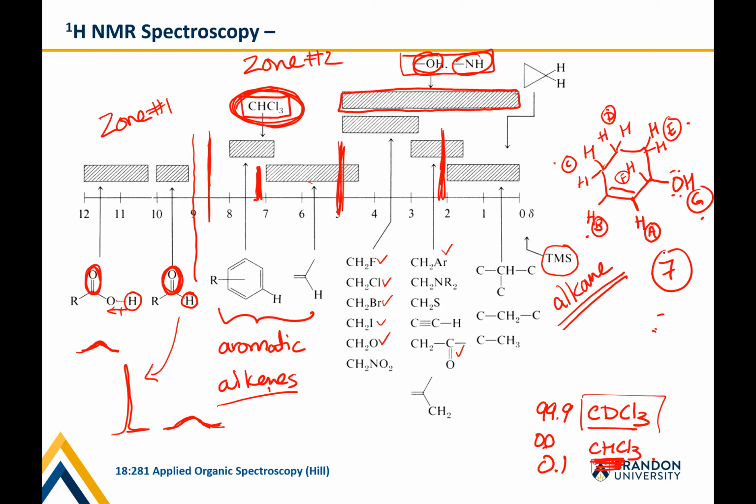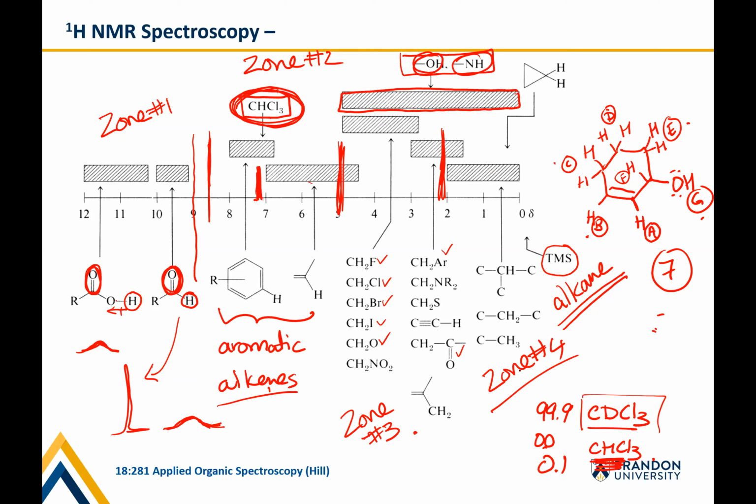Yeah, so conceivably we could have 7 different protons. The nice bit here is that of these 7, we could look specifically at ones in the different zones. We'll call this zone 3 and zone number 4.